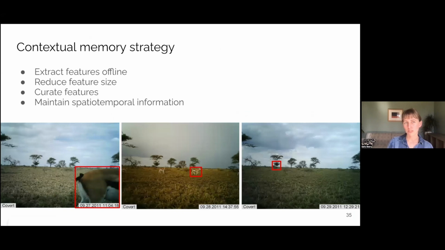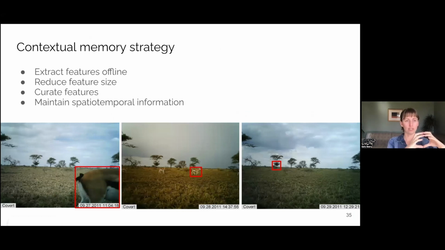So what we tried to do is build that type of temporal context into an object detection model. And we did this using a two-pass approach. In the first pass through the data on new cameras not seen during training, we would extract what we called contextual memory. We would take an object-centric approach. So for each image seen by a camera, we would look at just the objects detected by something like the MegaDetector.